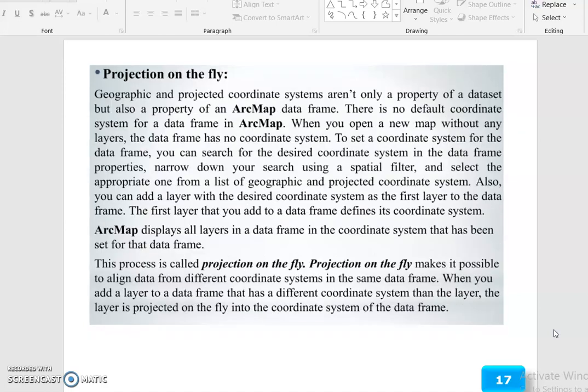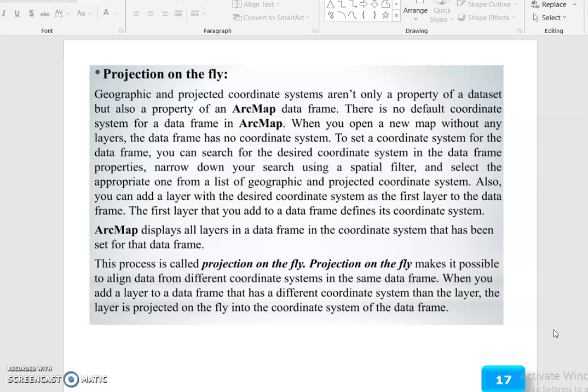Projection on the fly. Geographic and projected coordinate systems are not only a property of a dataset but also a property of an ArcMap data frame. There is no default coordinate system for a data frame in ArcMap. When you open a new map without any layer, the data frame has no coordinate system. To set a coordinate system for the data frame, you can search for the desired coordinate system in the data frame properties.